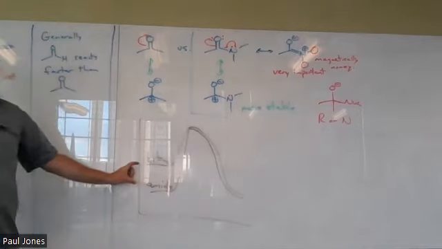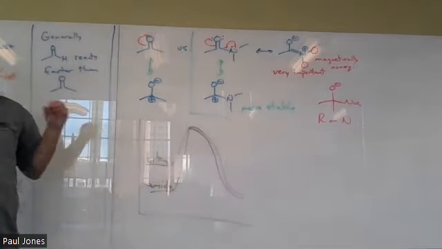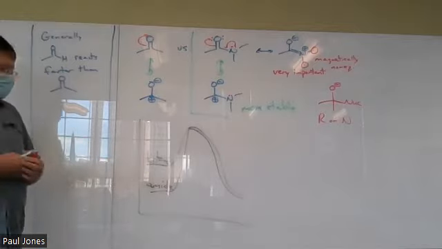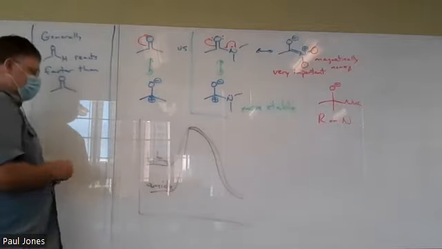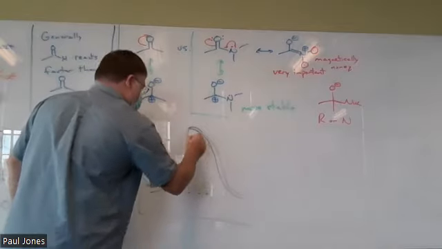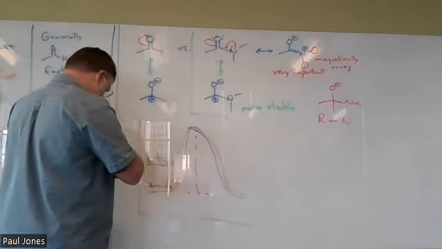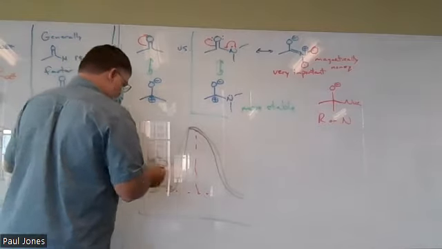The difference between the starting materials, where you do have this resonance effect, is big. Right? So attack on the amide is slower than attack on the ketone.